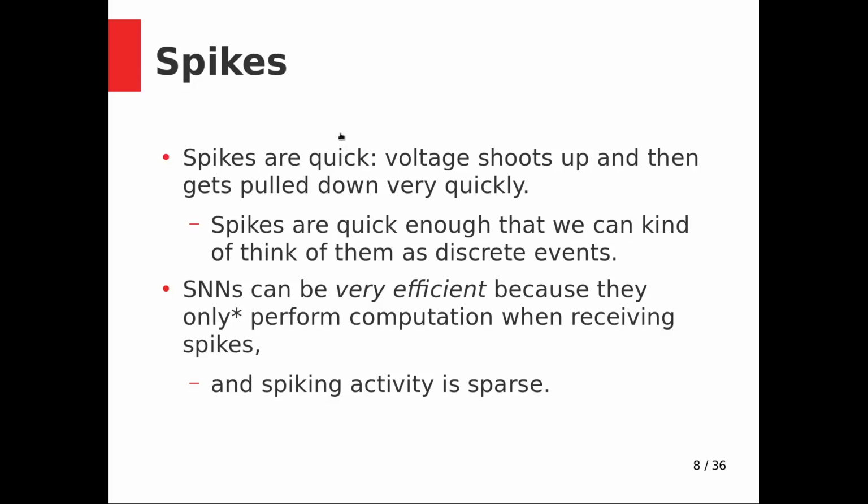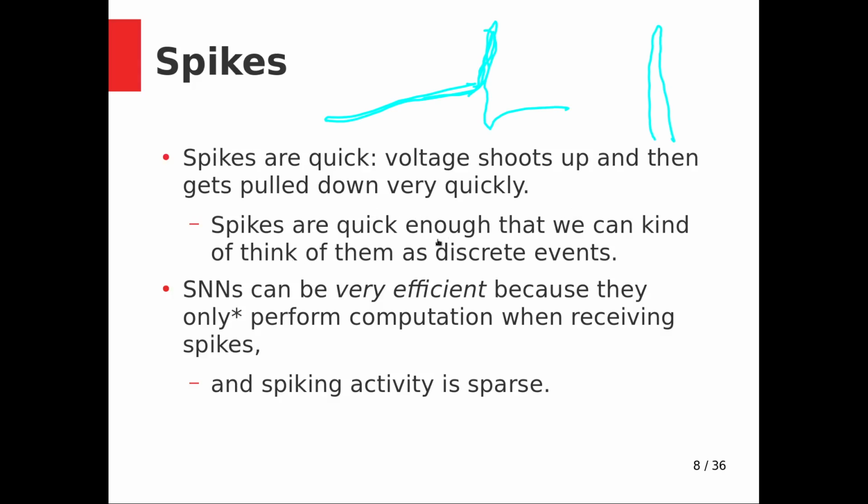If we look at my crappy drawing of a spike, this little spike right here is a very short-term event. It does not take a long time to happen. So we go along, and then voltage shoots up, and then it gets pulled down very quickly, and those spikes are extremely narrow.